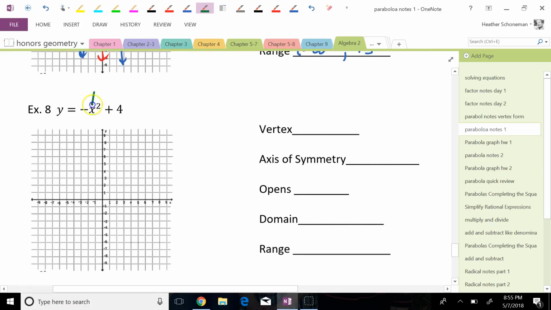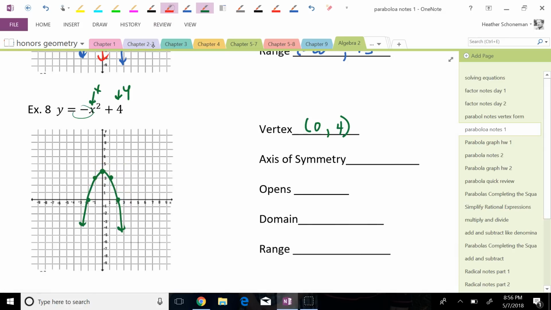Okay, so this is your x, this is your y. There's nothing with the x, and this negative sign does nothing to the vertex. You ignore it when you're staring at the vertex. So it's going to be 0, 4. So we start at 0, 4, but because of this negative, it's going to go down. So we're going to go right 1, down 1, right 2, down 4.